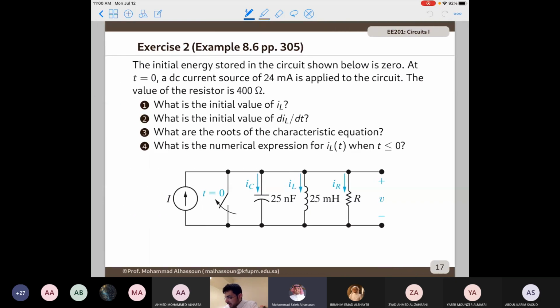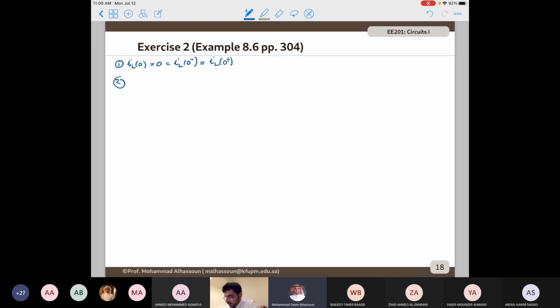Okay, what about the initial value of the derivative of the current? So what is the derivative of this current? Walid? It's also 0. It's also 0 because, let me just write it down.